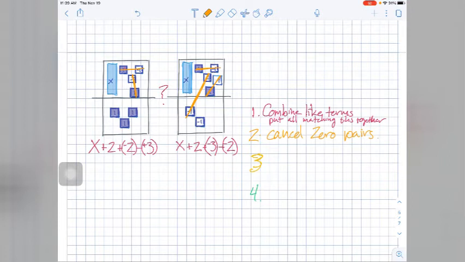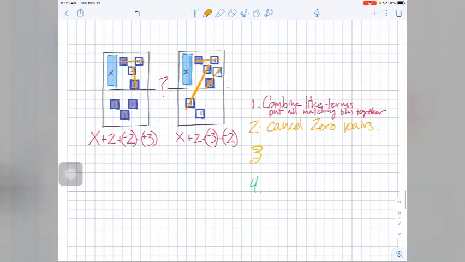When you take a number and you minus it from itself, that is going to make 0 as well. So canceling 0 pairs is when 2 like terms combine to make 0. When you have 2 terms that cancel to make 0, it's a pair of terms and they make 0, so that's called a 0 pair.